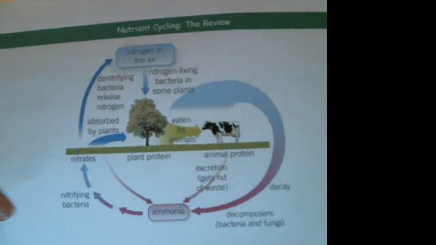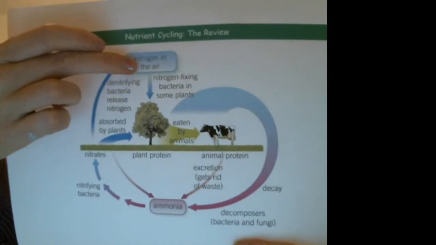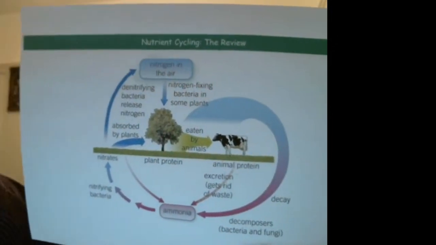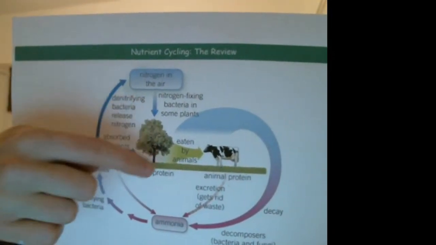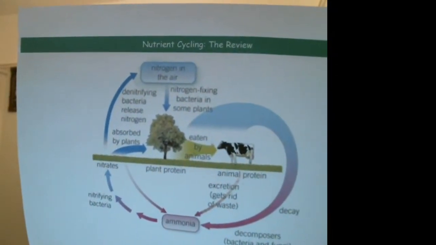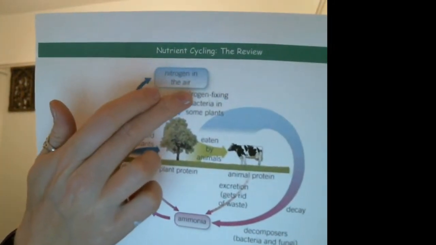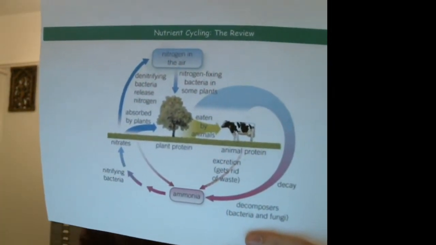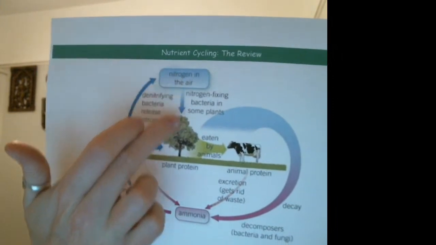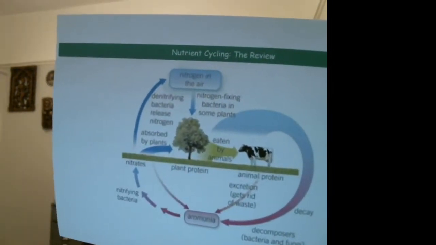Here is our lovely diagram again. So we start off with nitrogen in the air. This is nitrogen gas, N2. Plants can't actually take nitrogen gas in directly. They need to rely on bacteria to convert it into nitrates. So what we find is our nitrogen fixing bacteria turn the nitrogen gas into nitrates, which are then absorbed by the roots of the plant.